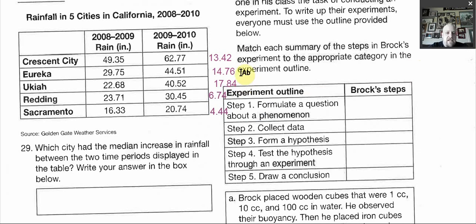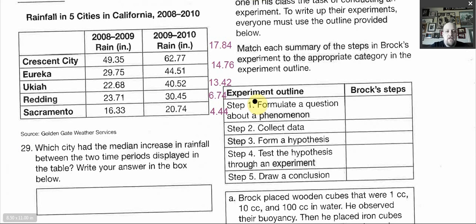So then you're going to put these in order. So 17 will be on top, then 14, 13, 6 and 4. And then you just have to find your median. So if you look at these and order them from greatest to lowest, like this. So right now, here is your median. Mean, median, and mode. Median is the median number that is there.